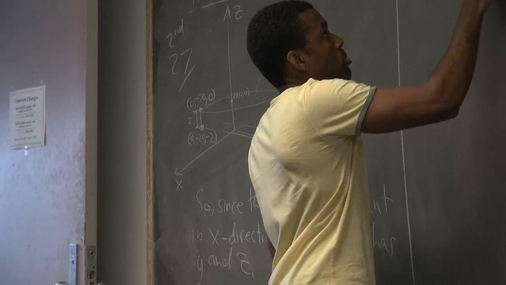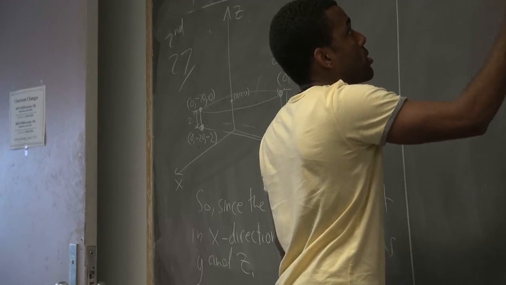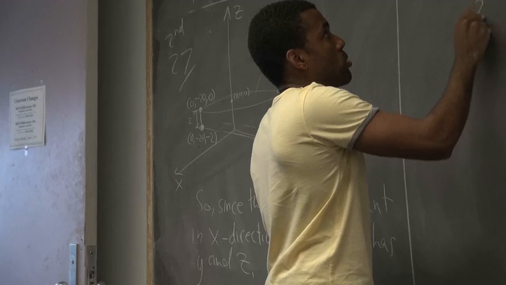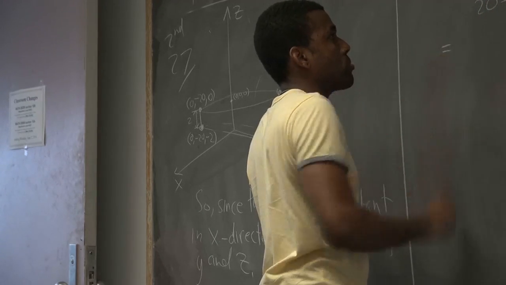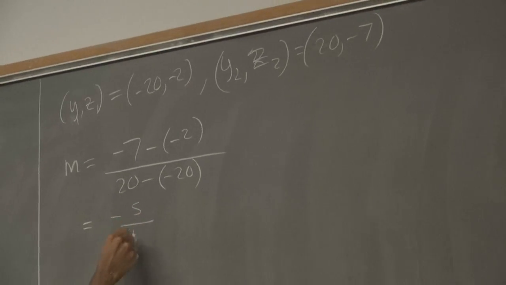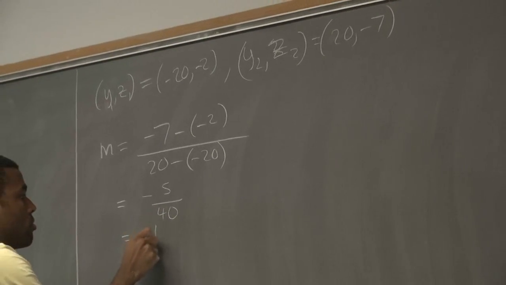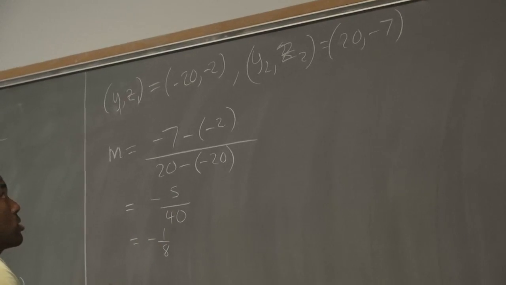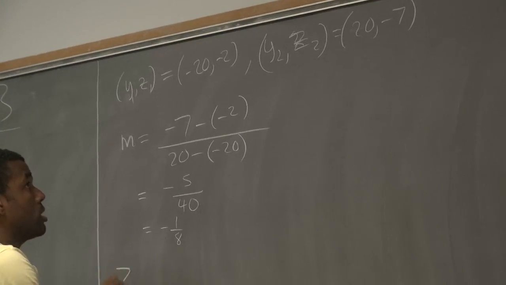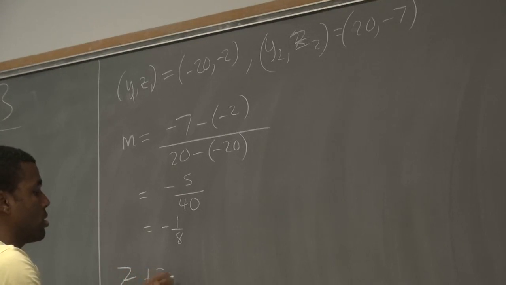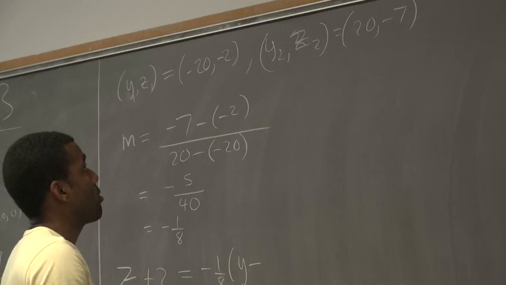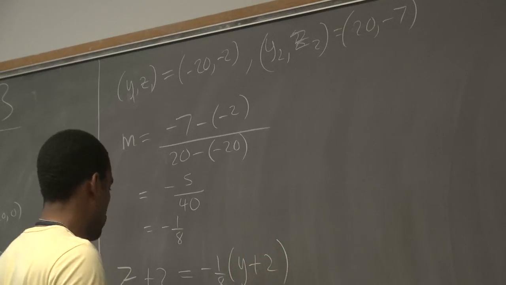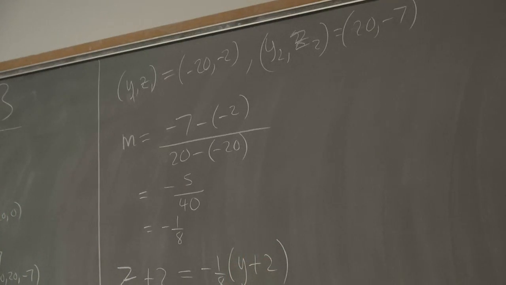So it's z2 minus z1 over y2 minus y1. That would give you minus 5 over 40. So then it is z minus z1 equals m times y minus y1. So that's actually the equation of your plane.